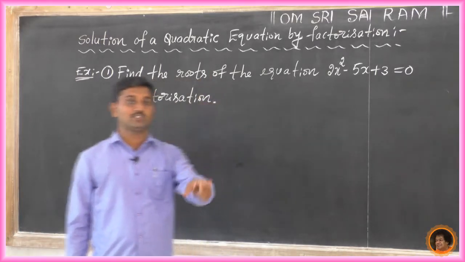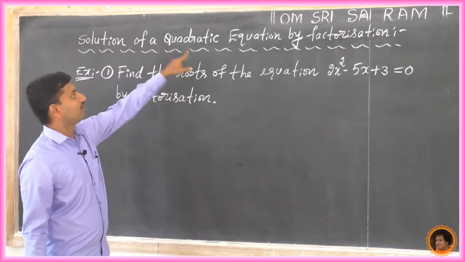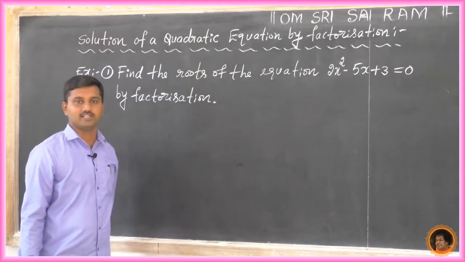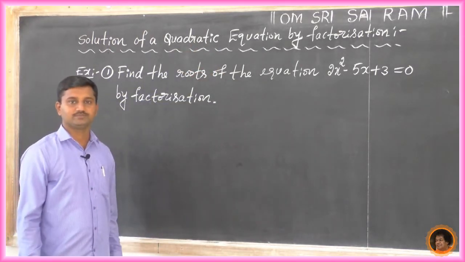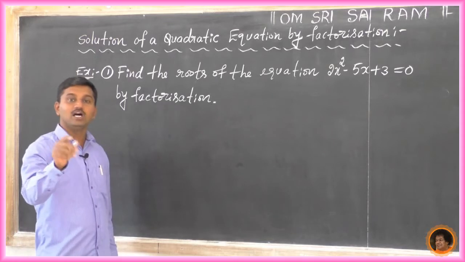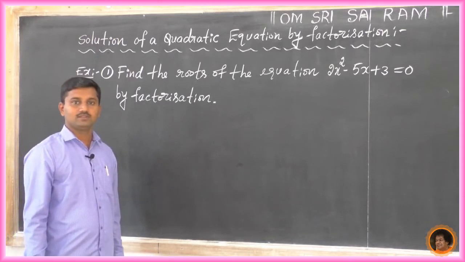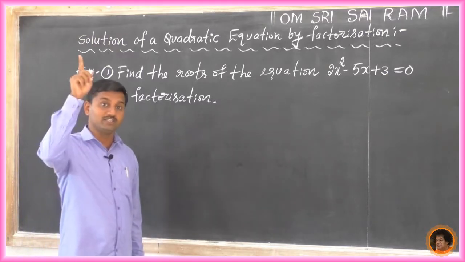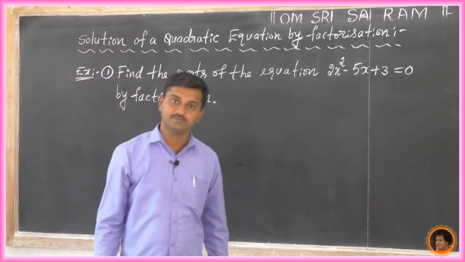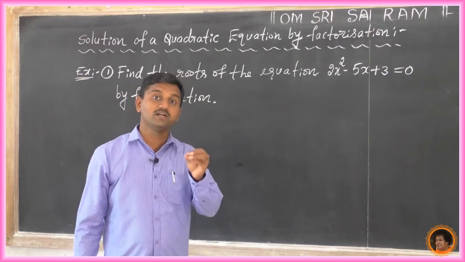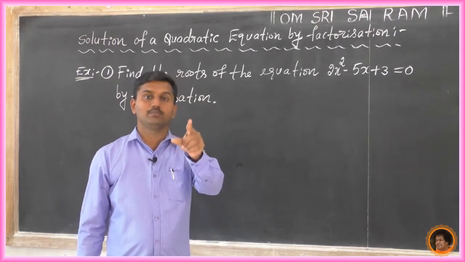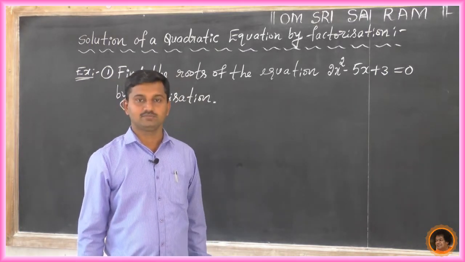The first one is solution of a quadratic equation by factorization method. You already learned how to solve a quadratic polynomial in the form ax square plus bx plus c by middle term factorization.